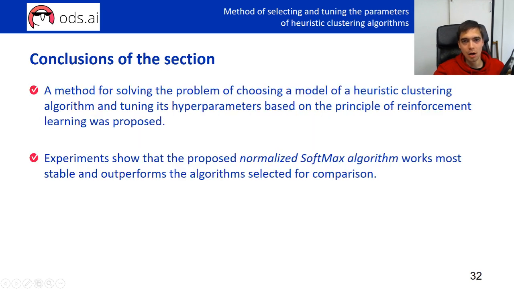As a result, we developed a new method to solve the problem of choosing a model of a heuristic clustering algorithm and tuning its hyperparameters based on the principle of reinforcement learning. The experiments that we carried out showed that the proposed normalized softmax algorithm works most stably and outperforms the algorithms that we selected for comparison that I mentioned on the previous slide.